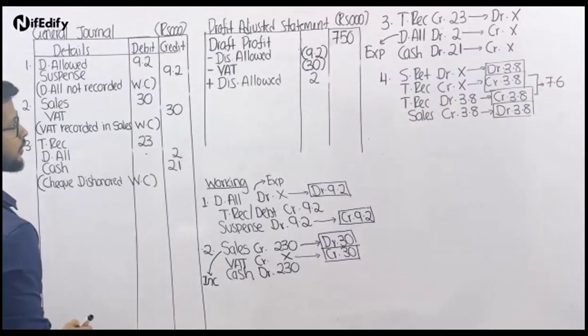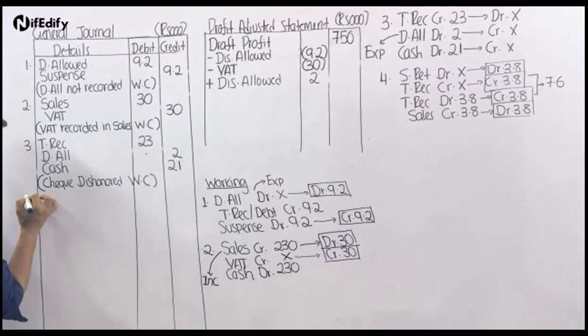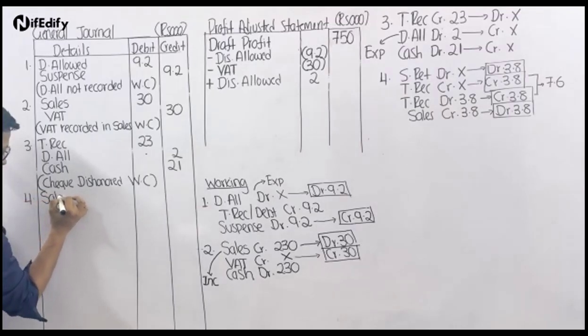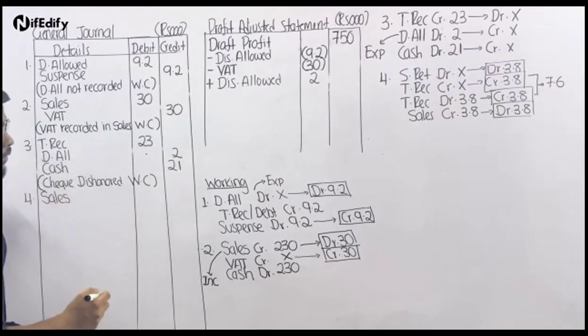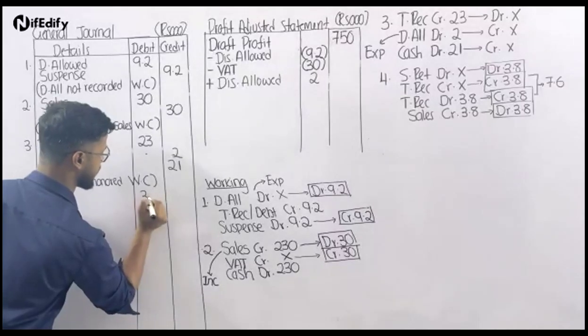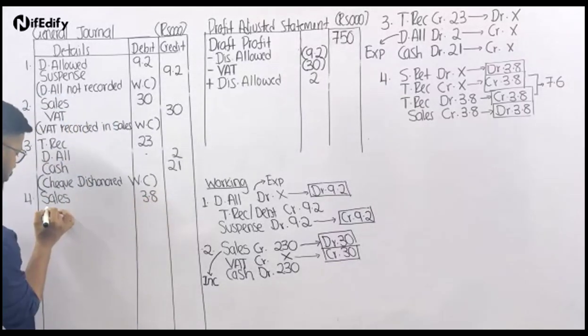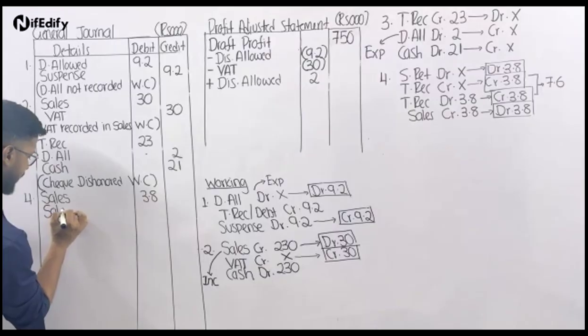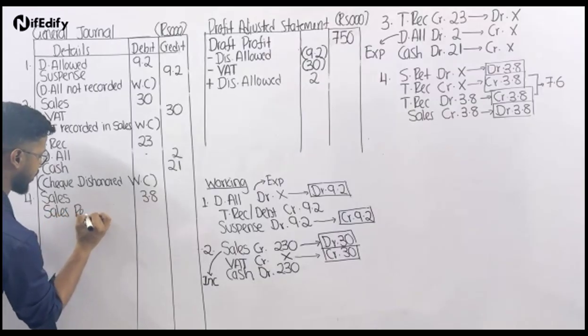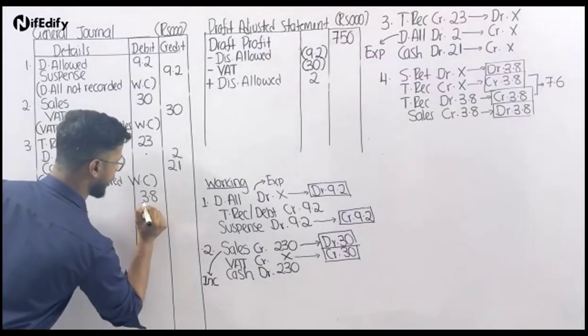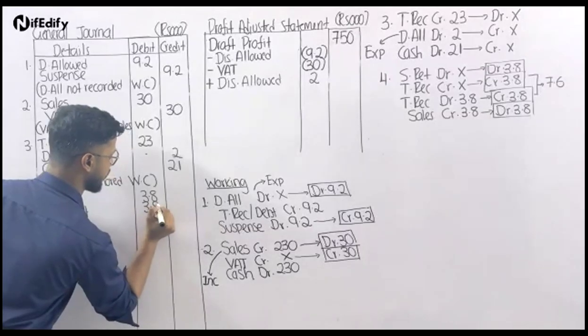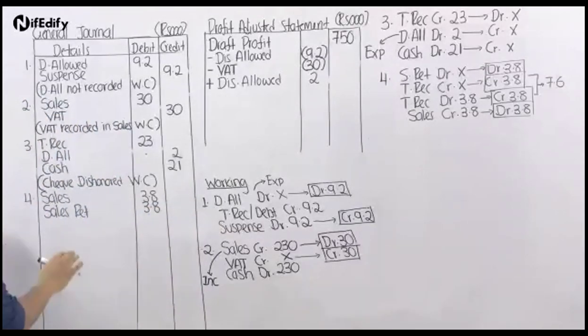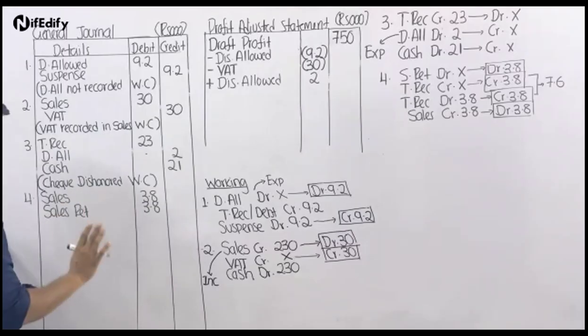Right, so now let's do this. In the sales account, debit 3.8 to remove the sales. In the sales return account, debit another 3.8 to record the sales return.